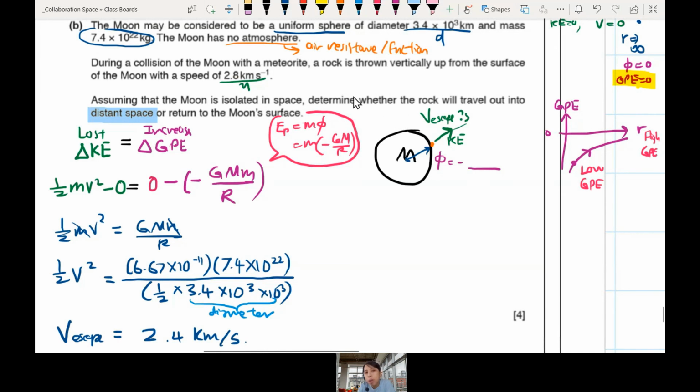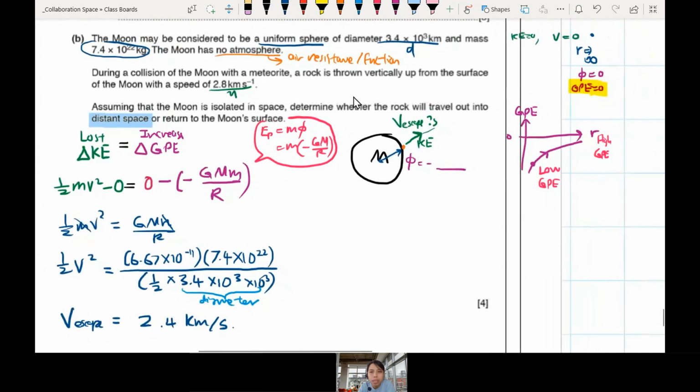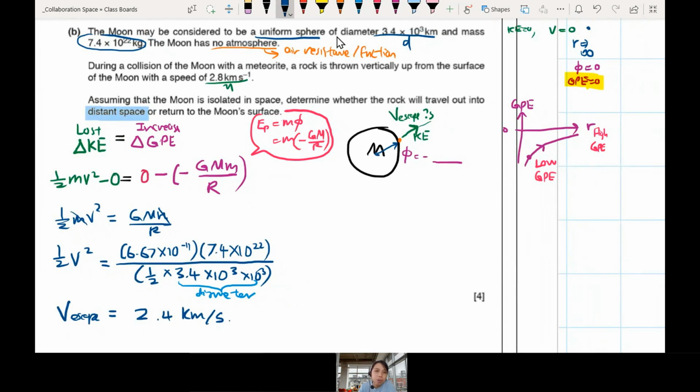But if you get here, don't stop there. You need to explain something. Because how does 2.4 relate to the 2.8? They say your rock flies away with 2.8. So what does this 2.4 mean? Let's write this out.